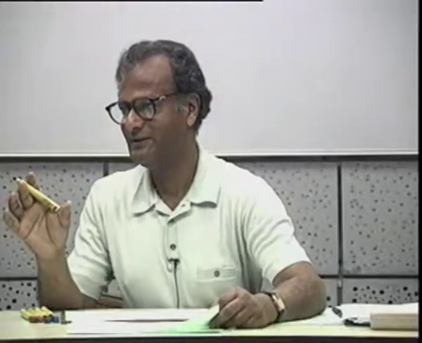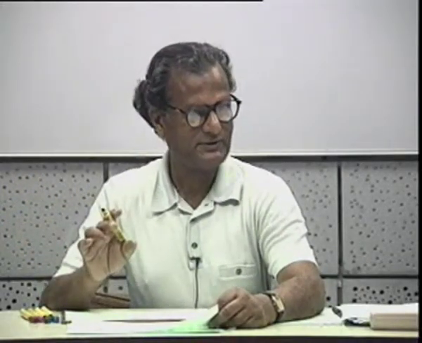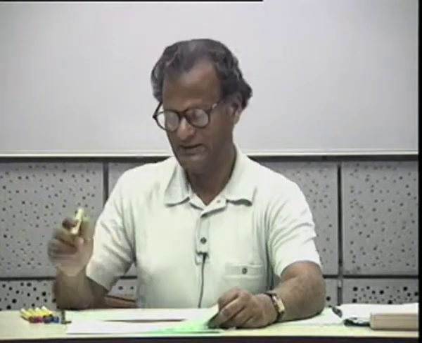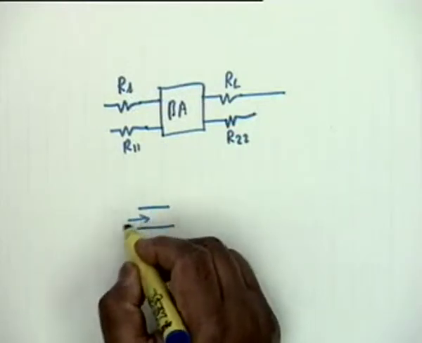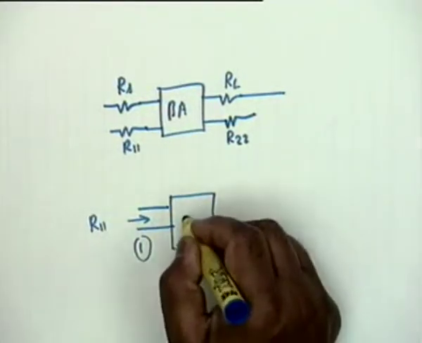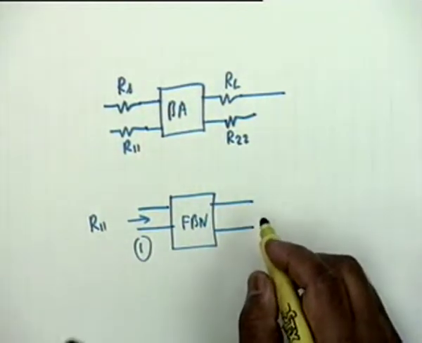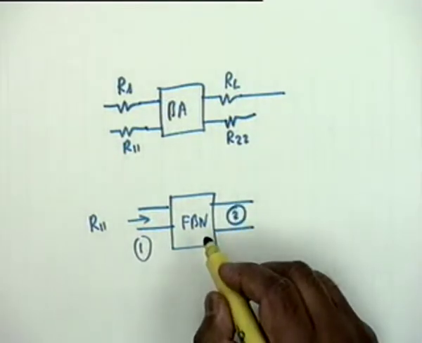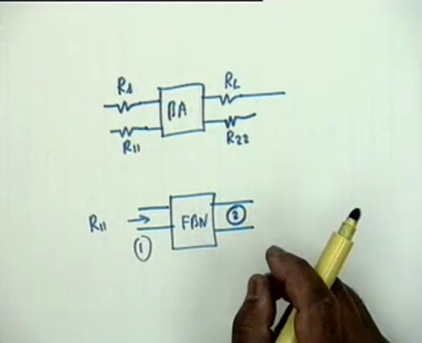The feedback network impedances have to be absorbed inside the basic amplifier. Now what is R11? R11 obviously shall be the resistance measured at port 1 of the feedback network with port 2 open.